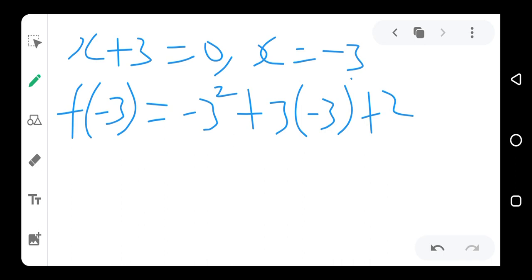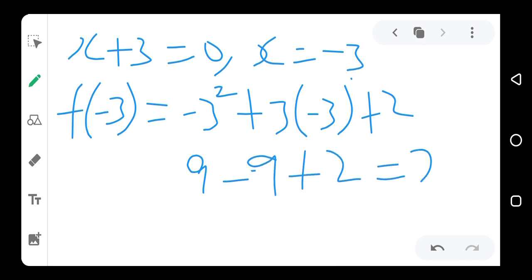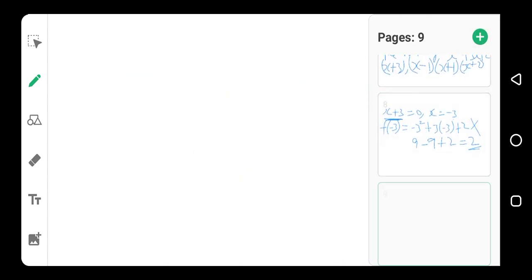Now this is going to give us 9 minus 9 plus 2. This is going to give us 2, not 0. So this is not a root of the equation. This is not a good option. So we look for another one.